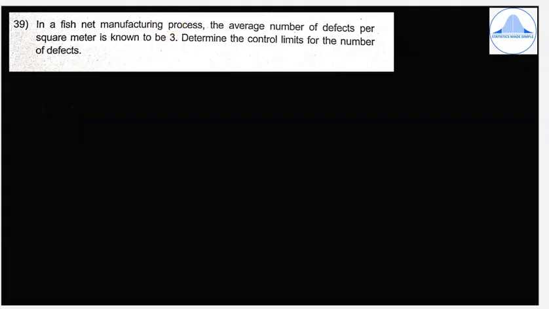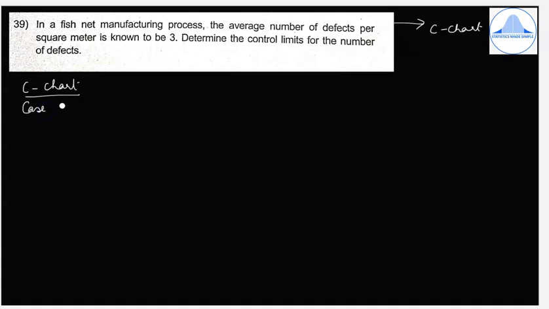Thirty-ninth question. In a fishnet manufacturing process, the average number of defects per square meter is known to be 3. Determine the control limits for the number of defects. Because the word defect is used, it is nothing but the C chart. So let me write the heading as C chart.